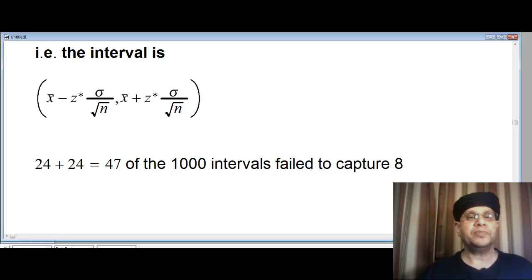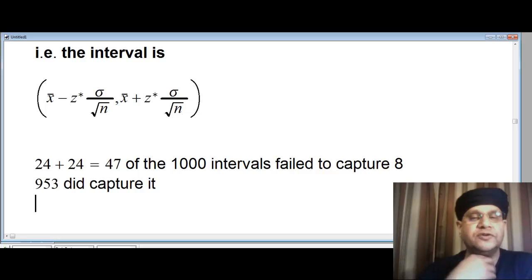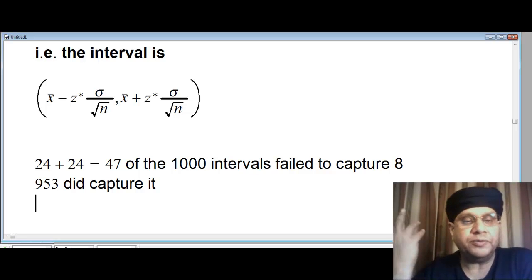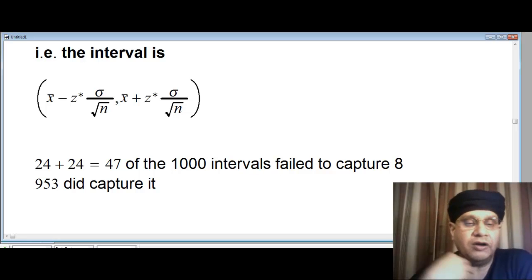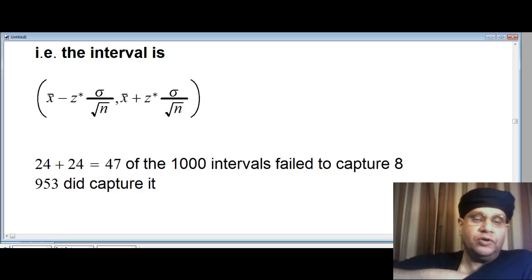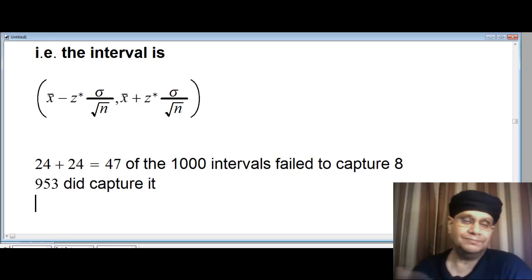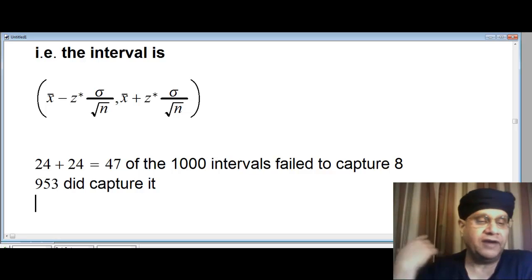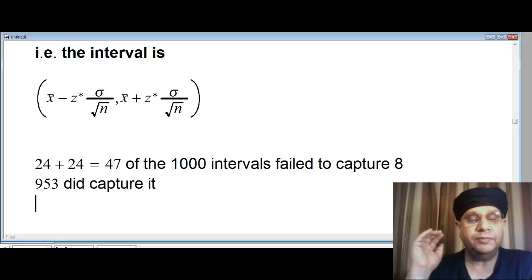So of course 953 succeeded, did capture it. And so you can see the success rate here is 95.3%, and of course we were simulating it from a non-normal distribution, and there are only 1000 samples that we looked at, so it's hard to get exactly a 95% rate, but this is what a 95% confidence interval means.